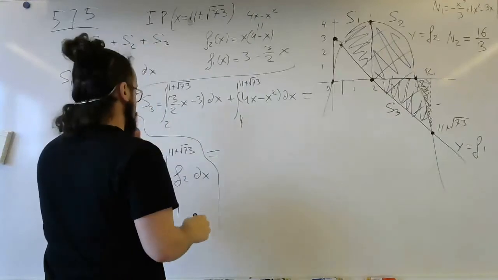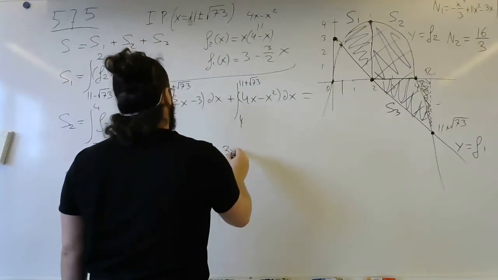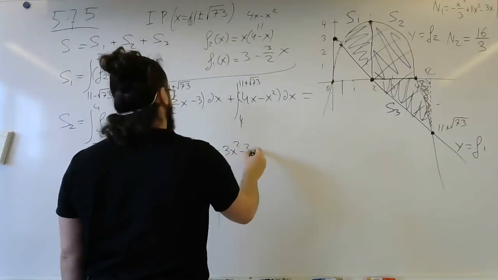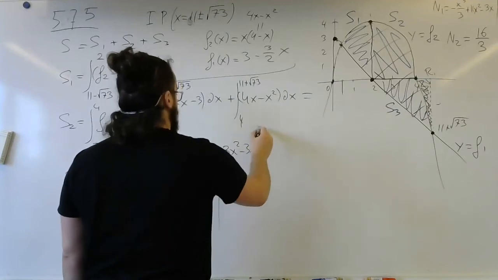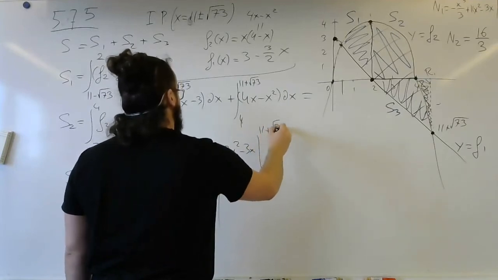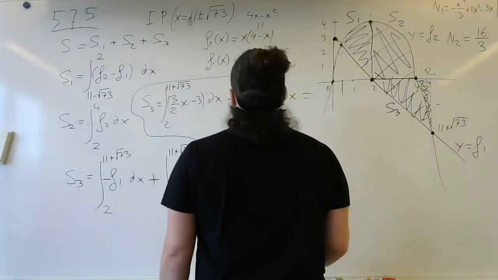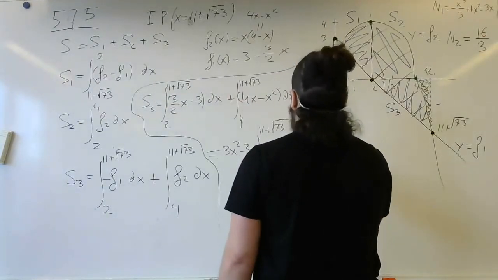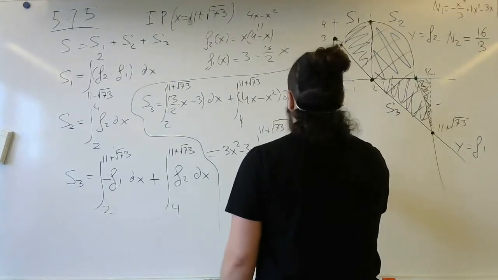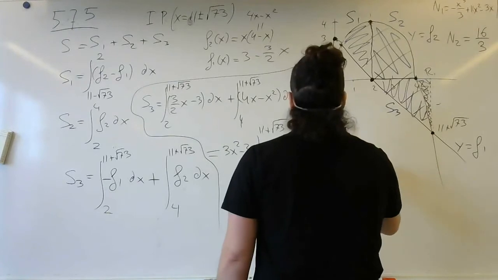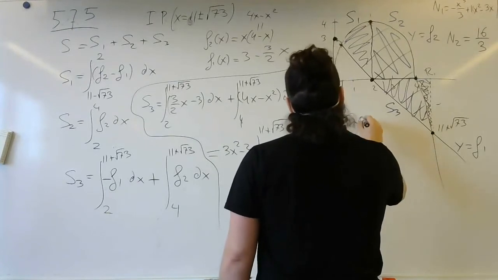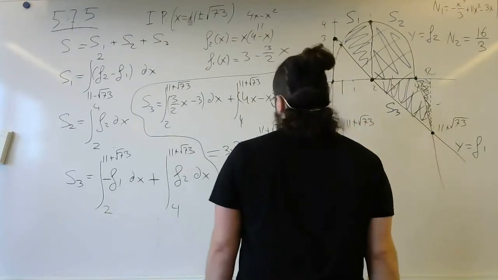Now this is 3x squared minus 3x evaluated between 2 and 11 plus square root of 73, plus 2x squared minus x cubed over 3 evaluated from 4 to 11 plus the square root of 73.